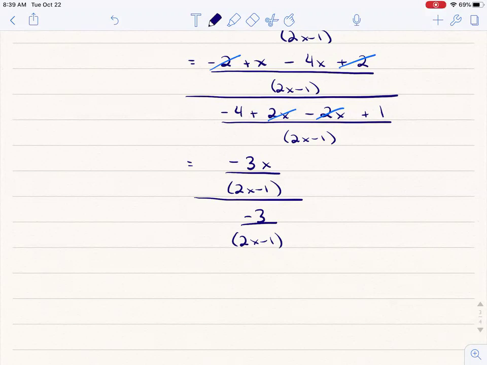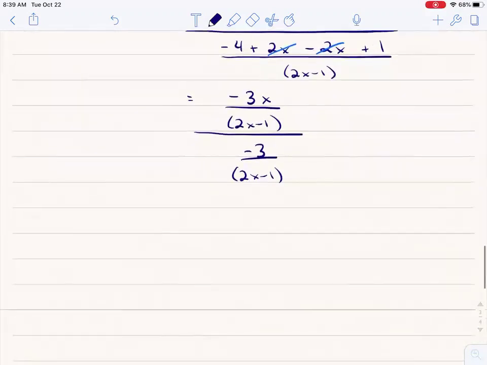This is a lot easier to deal with, right? Because now, remember, the rule for dividing fractions is you flip the denominator and then you can multiply the fractions straight across. And so we've got negative 3x over 2x minus 1, times 2x minus 1 over minus 3.